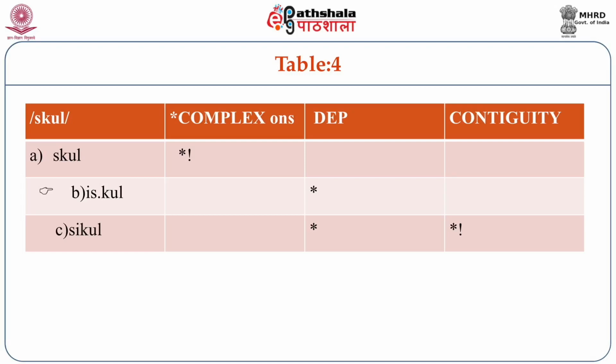And sikul violates depth and contiguity. It has not only depth but also there's an epenthesized vowel between Sa and Ka. That's why you can see from this tableau that B is the winner because it violates only one constraint. Iskul is the winner. So this is a kind of representation. Star complex onset is the top-ranked constraint in these varieties of Hindi.